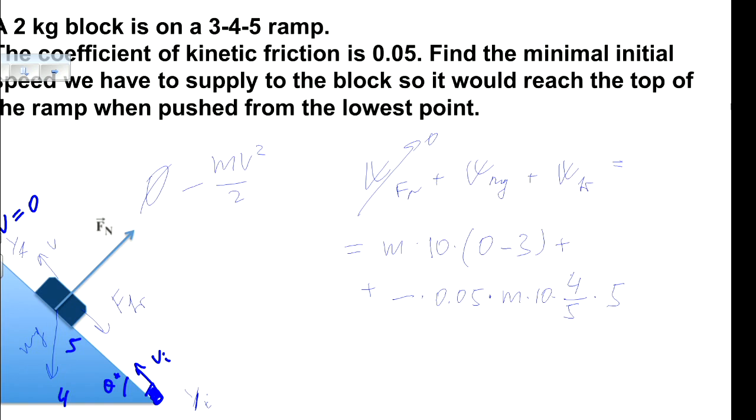So still, m v squared over 2 should be equal to this. And inside, we should write 30 plus 2. So this minus, and this minus, and this m, and this m, just common factors.